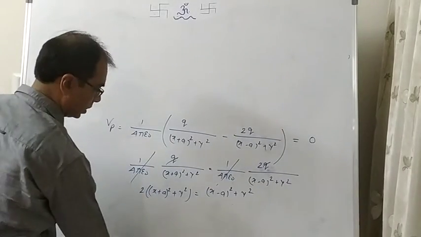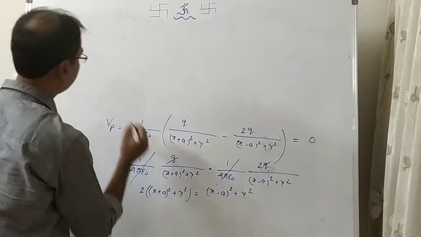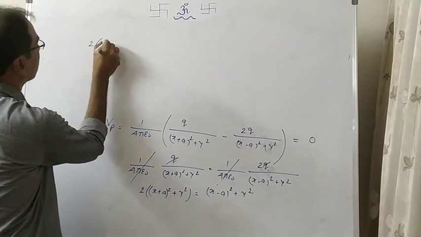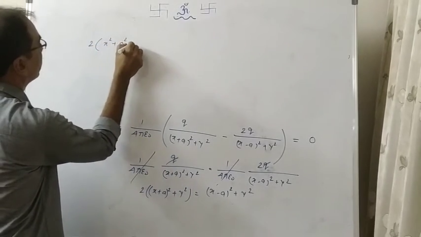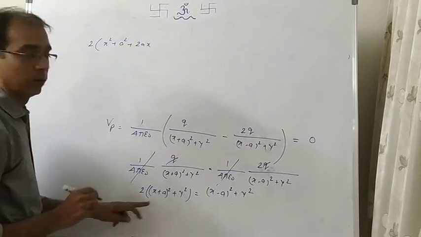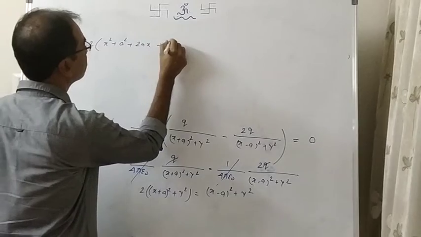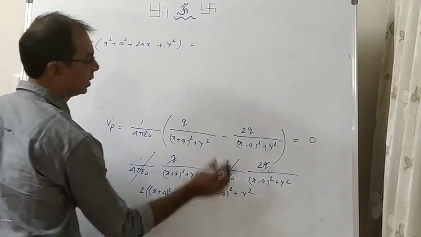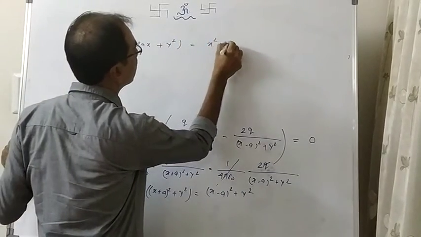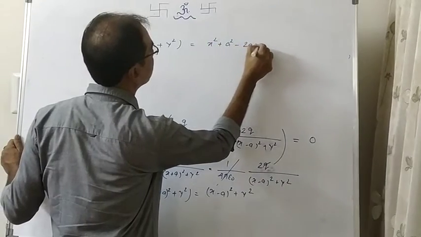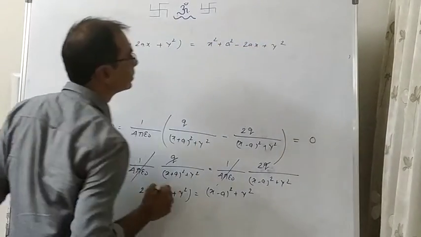Open this one up: 2x square plus a square plus 2ax, the formula of x plus a whole square, plus y square, equal to this side x square plus a square minus 2ax plus y square.